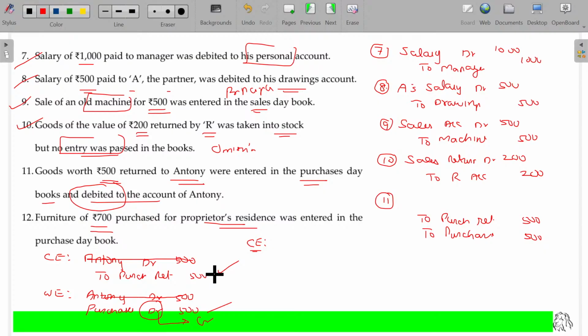Drawings account debit to bank or cash. What is the wrong entry? They have wrongly shown it in the purchase account. So purchase account debit to the party, the seller. Here also party, seller.